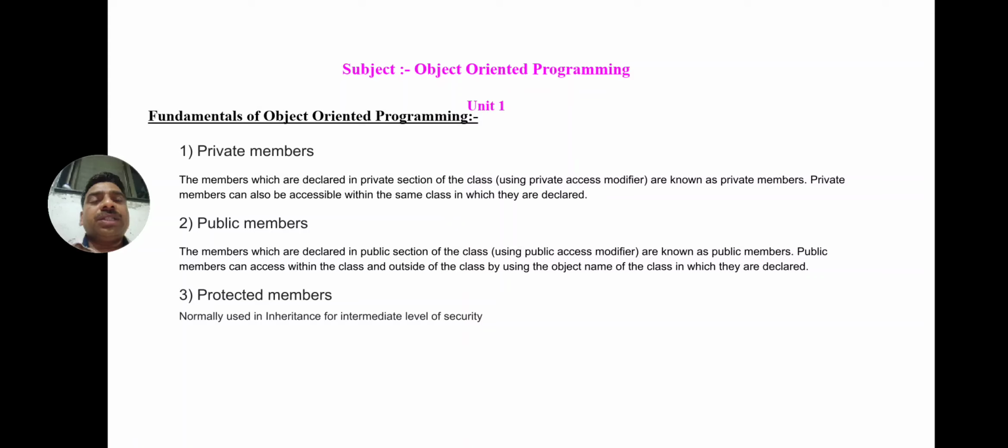The members which are declared in the public section of the class using the public access modifier are known as public members. Public members can be accessed within the class and outside of the class by using the object name of the class in which they are declared. And the third one, protected members, normally used in inheritance for an intermediate level of security. For security purposes, this protected member is used.